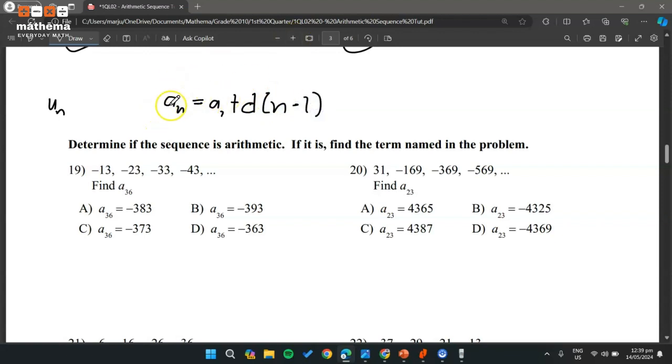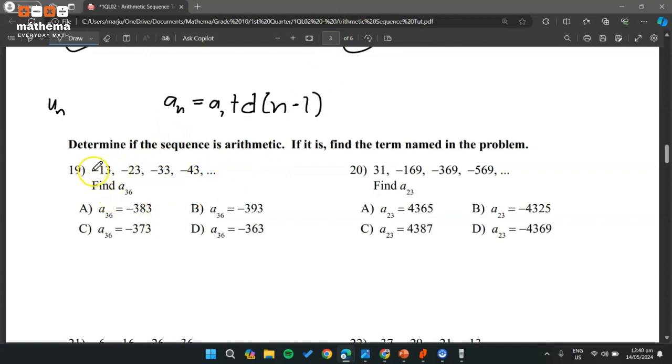So again, a sub n is any term in the sequence. For number 19, we are looking for a sub 36. a sub 1 is our first term, d is the constant difference, and n is just the number of the term that we are looking for. So for number 19, let's check first whether this is arithmetic.